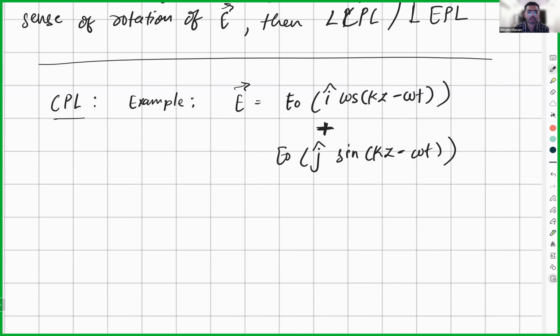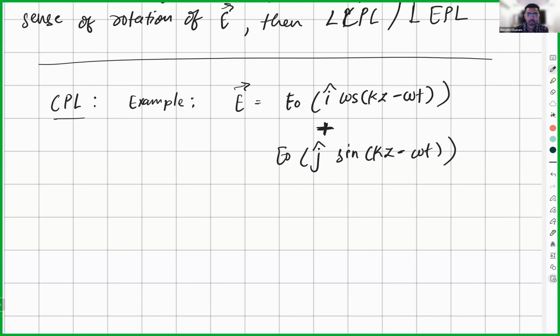Now I am saying that it is a circularly polarized light because the phase difference between the two perpendicular plane polarized light waves which are superimposed is pi by 2, due to cos and sine, and amplitudes are the same, E naught and E naught.